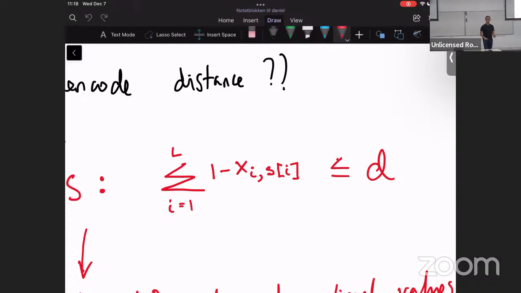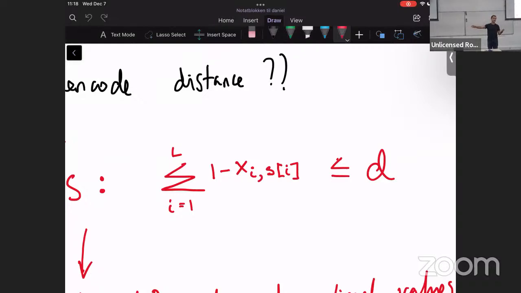Now, we are not interested in just the distance from the center string to s. We're interested in the maximum distance from the center string over all choices of s. So if we now have a new variable that we call D, that is now on the right-hand side of our inequalities. When I introduced ILPs, I only had constants on the right-hand side of the inequalities. Of course, that is not a problem, right?